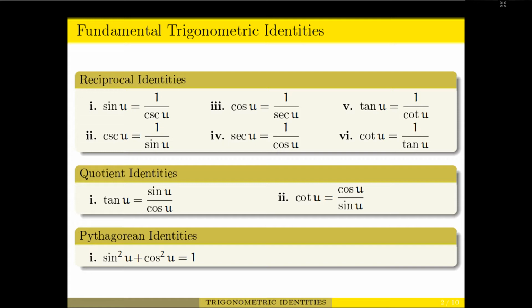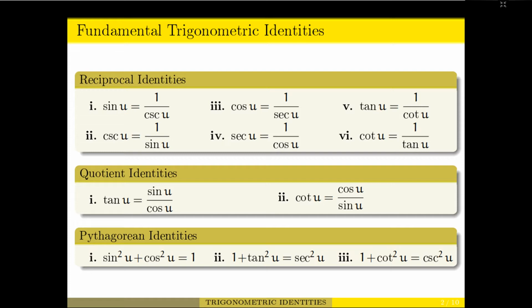When we divide all terms by cosine squared, the resulting equation will be 1 plus tangent squared u equal to secant squared u, while dividing all sides by sine squared u will lead us to 1 plus cotangent squared u equal to cosecant squared u.